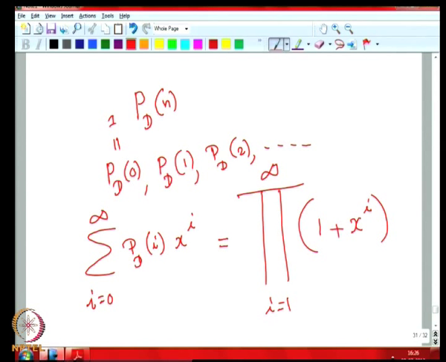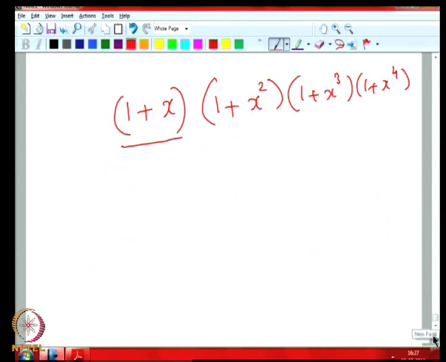Now the next type of partition we want to consider is PO of n. What is this? The partitions of n where all the parts are odd numbers. For instance, again 10: 10 equal to 10 is not a valid partition. Why? Because 10 is not an odd number.